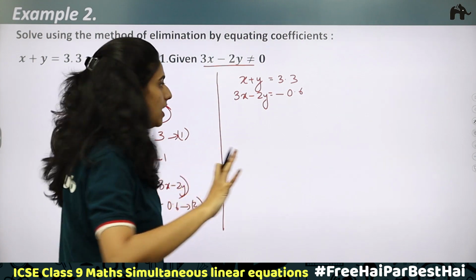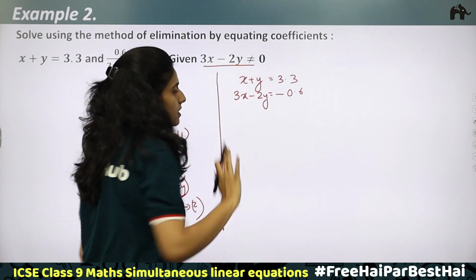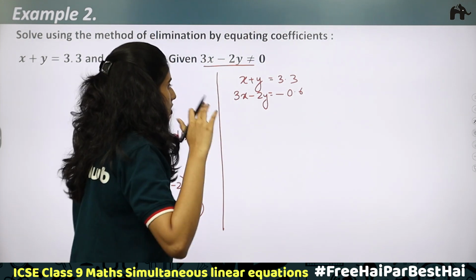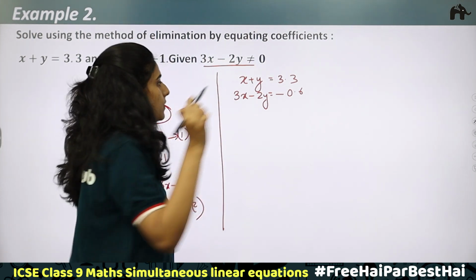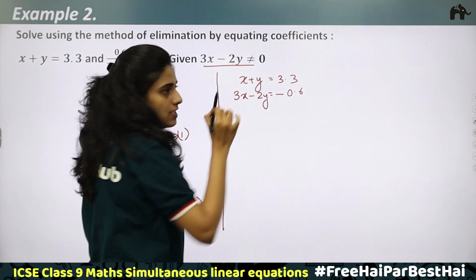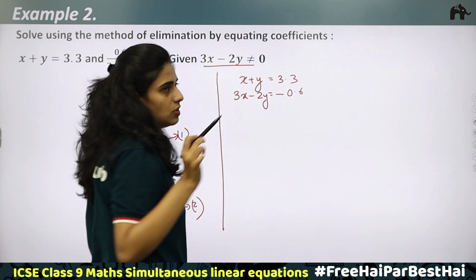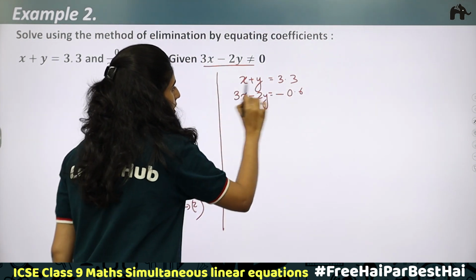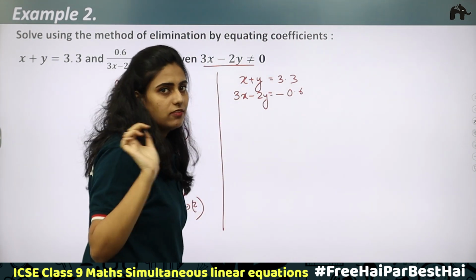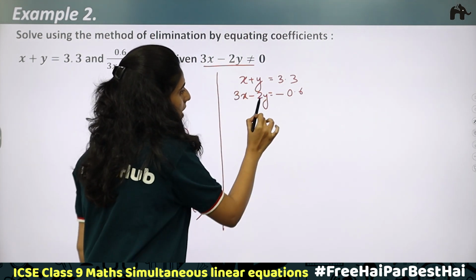So we need to make the coefficients of either the x terms or the y terms equal, so that we can subtract or add and find the value. So here we have 3x, the coefficient of x is 3. So to make the coefficient of x 3 in the first equation, what can be done? The whole equation should be multiplied with 3. Or we can make the y coefficient minus 2.